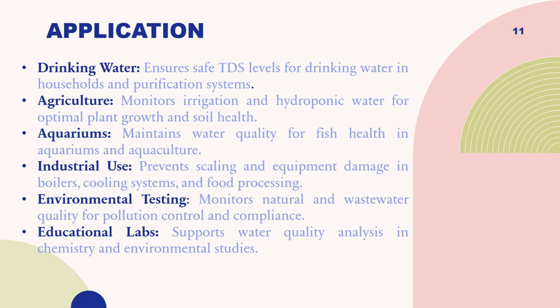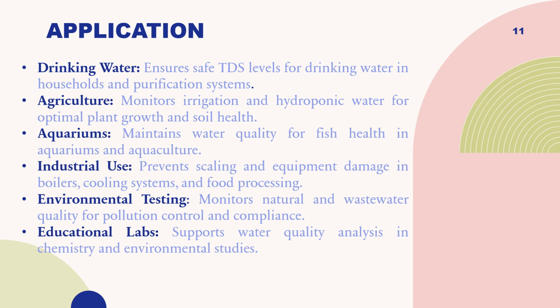There are many farms which do hydroponic farming. In Nagpur, there is also a farm where they do hydroponic farming, where they plant the plants in water, and they provide all the minerals through water.